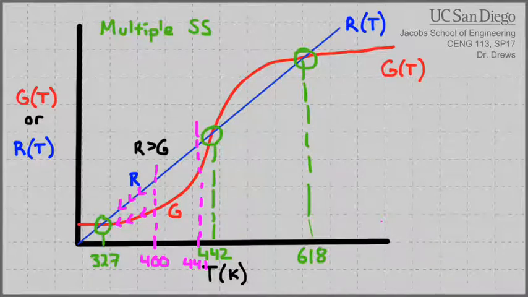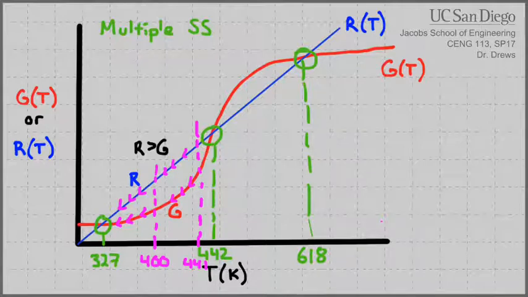I can satisfy the energy and material balances if I operate at 442. But if I get even right up to 441, if I don't get it right to 442, I'm always going to hit this point and then slide back to here. Because I'm always removing more energy than I'm generating if I'm on that side, if R is greater than G. So even if I operate up here, if I am initially up there, and I let the system run, it's going to slide back down this curve until I get to 327.